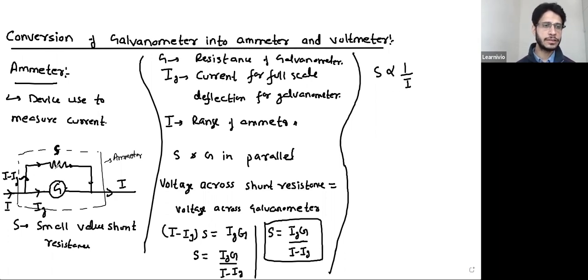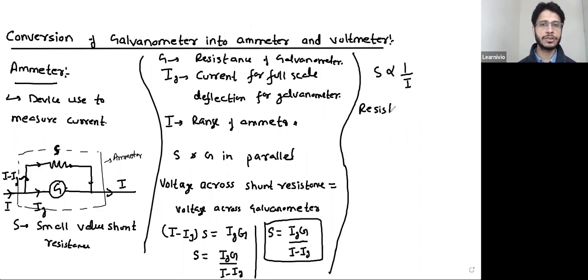Next, see here, galvanometer and shunt resistance are connected in parallel, so you can calculate the equivalent resistance, or instead of equivalent resistance, I should write the resistance of the ammeter.